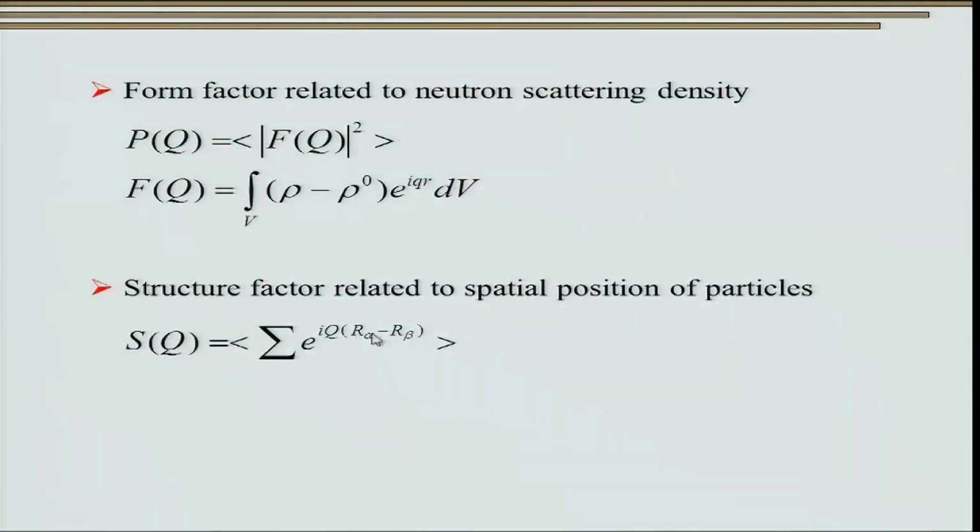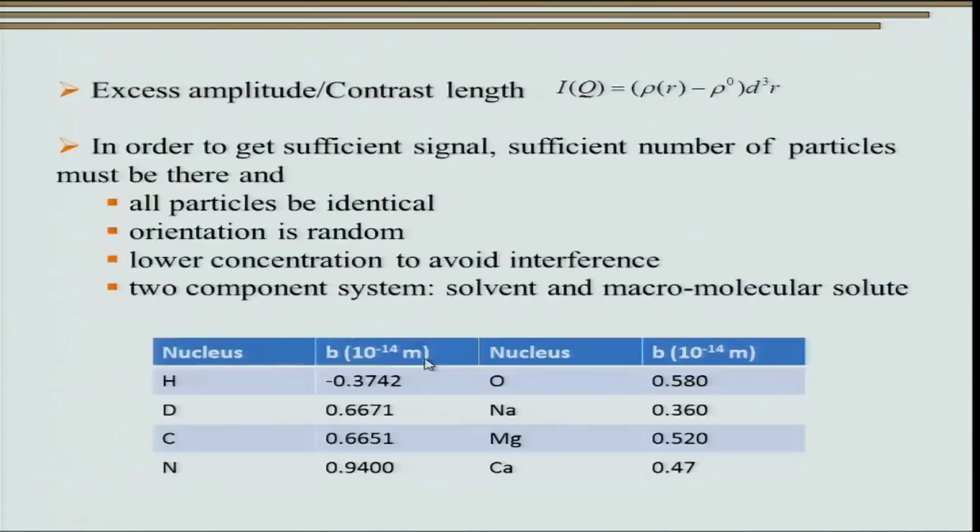And here you can see that r alpha and r beta are the spatial coordinates of the two particles. There is a big summation sign, and everything is averaged for the particle under consideration. Okay. So, now let us move ahead.